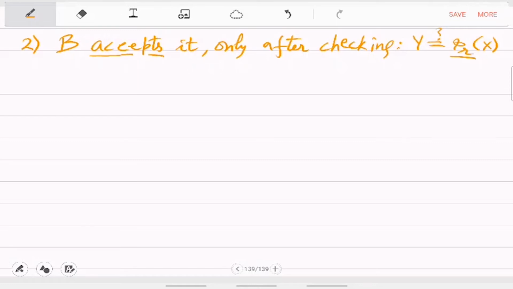Okay, so why is this strange protocol supposed to work, and what is the use of pairwise independent hashing? Let's do that analysis.